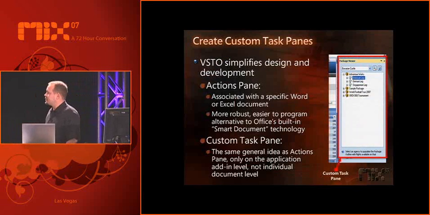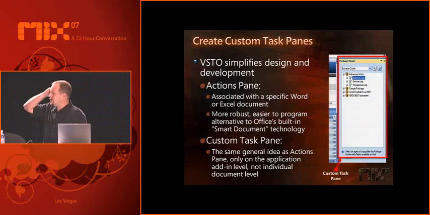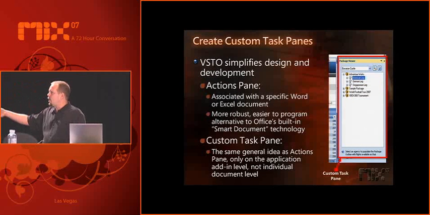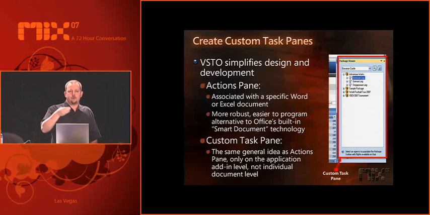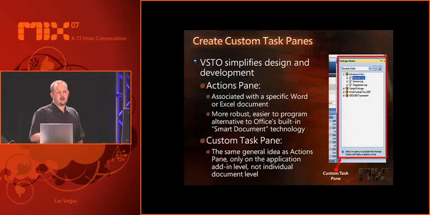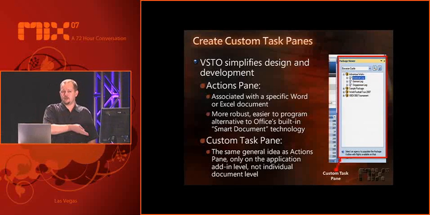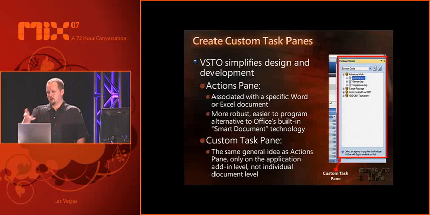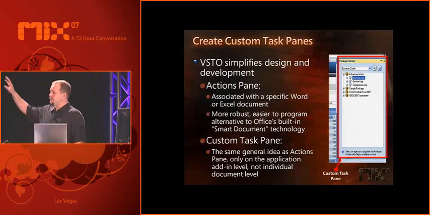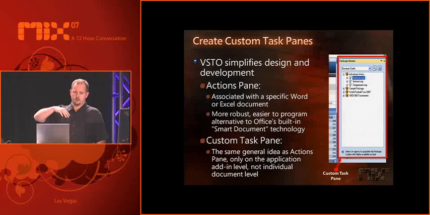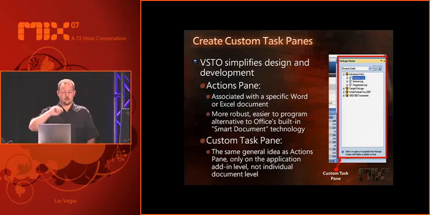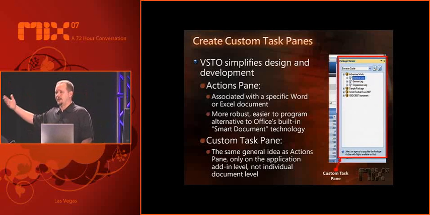Custom task panes. This is a screenshot from one of the previous ones that I showed earlier. This is all about really using the real estate inside of Office to expose your information, right? You can still expose information directly inside of a document or a spreadsheet or a presentation, but being able to allow people to browse stuff, drag and drop things, this is where the task panes come in.